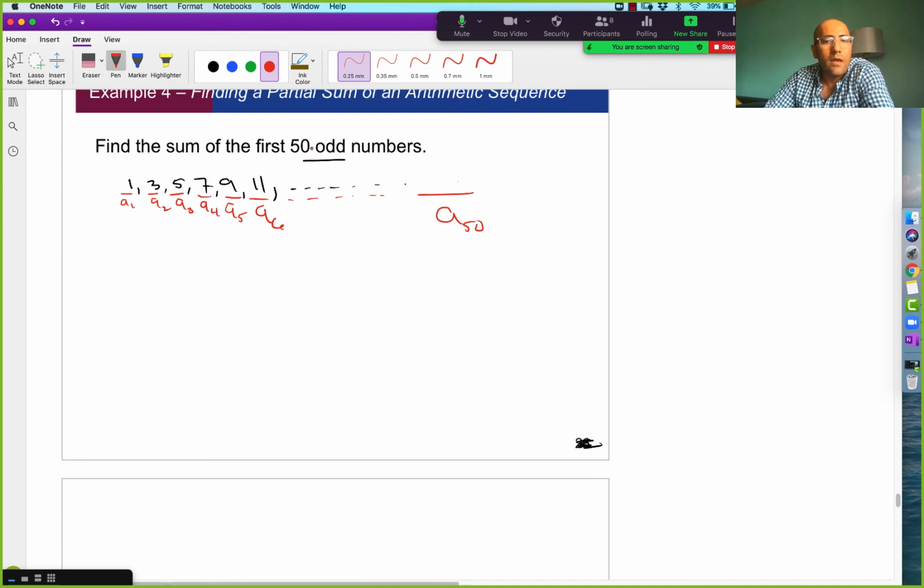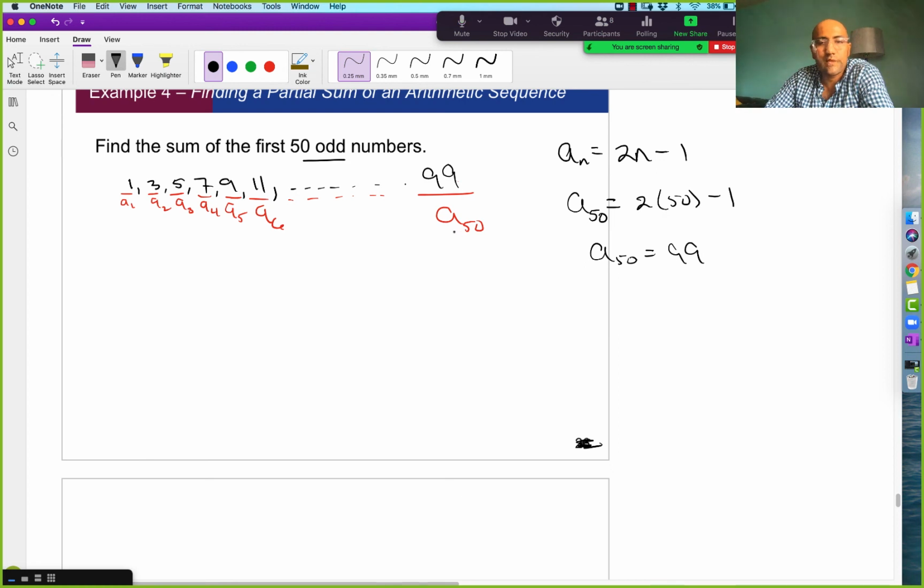Because they're the odd numbers, we already know the closed formula for odd numbers is this one. So if we let n equal 1, we get 1. If we let n equal 2, we get 3, and so on and so forth. From here, I can find out some more information. I know that the 50th odd number is going to be 2 times 50 minus 1, which is 99.